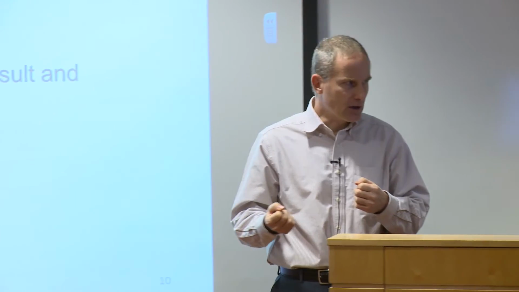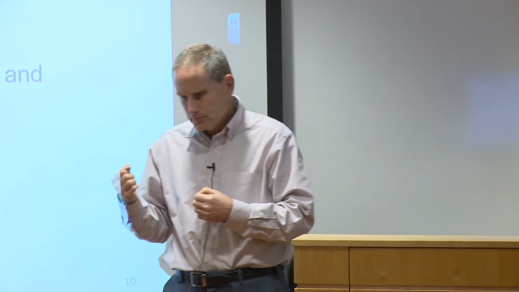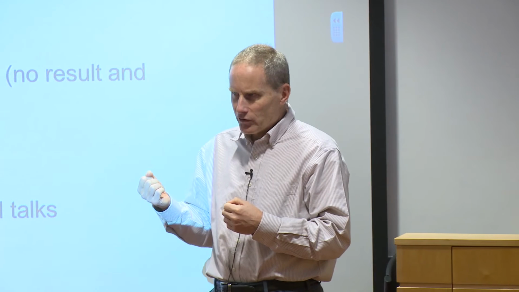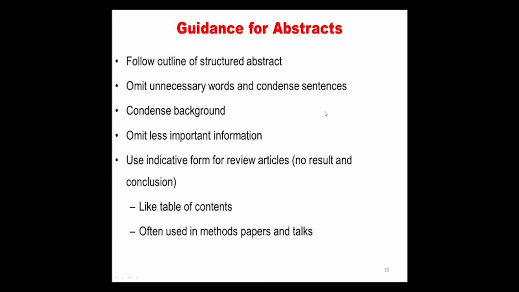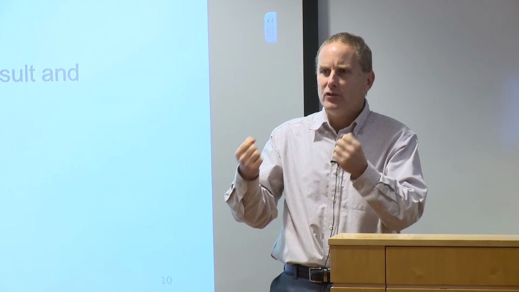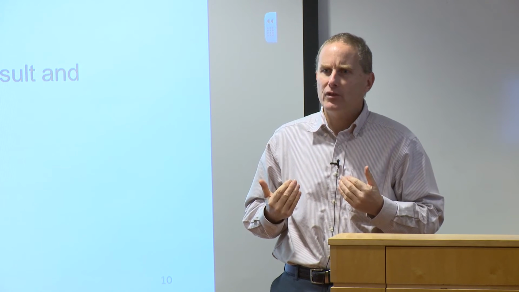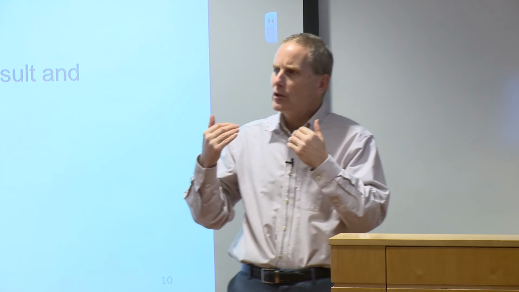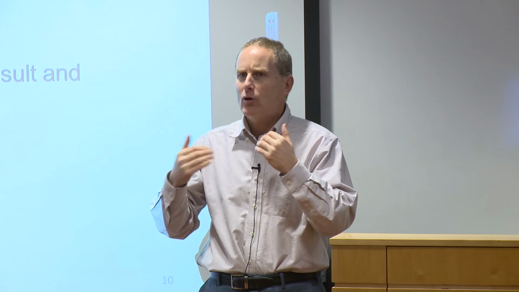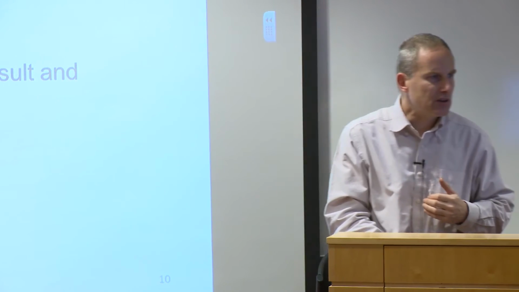There might actually be a conclusion, but the whole idea of these kinds of articles is that they're like a table of contents, and they're often used in methods papers and talks. So you want to make sure that they outline what the key ideas are. But you're not going to go into a lot of discussion about all subtle details of each study.